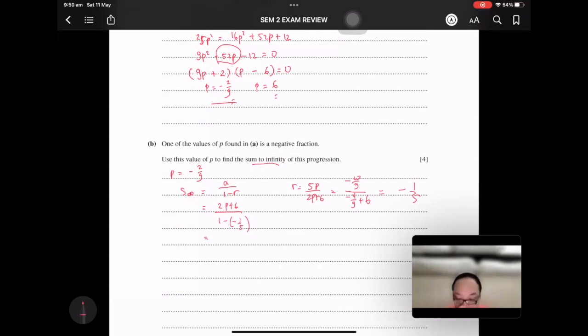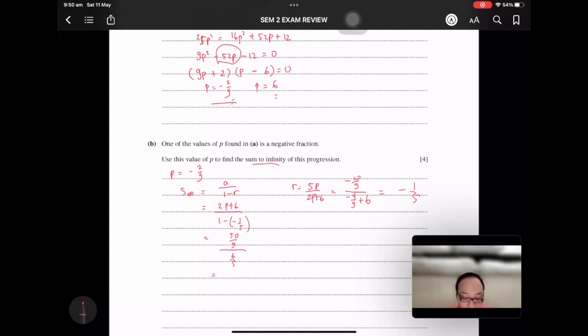So the first term equals, what is 2p plus 6? Negative 4 over 9 plus 6 is 50 over 9. So 50 over 9 over 1 minus negative 1 over 5, which is 6 over 5.